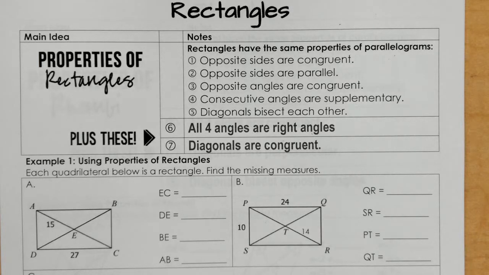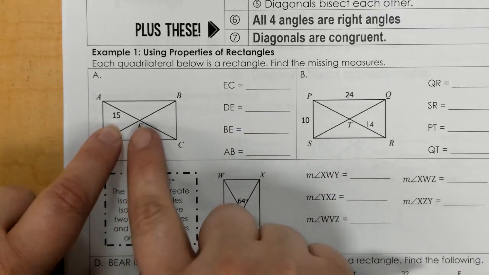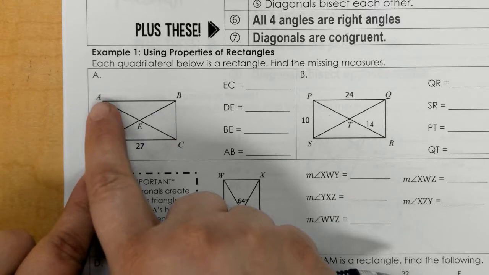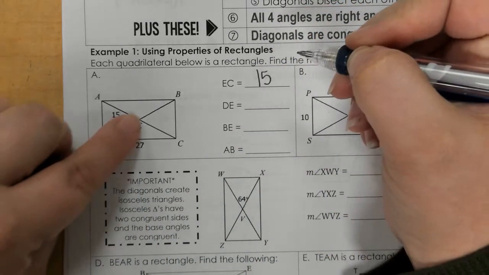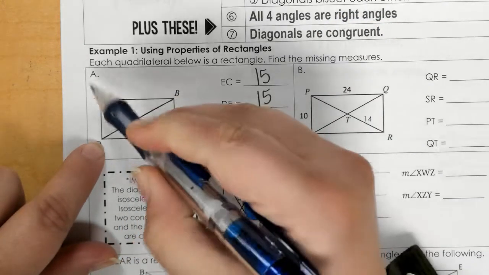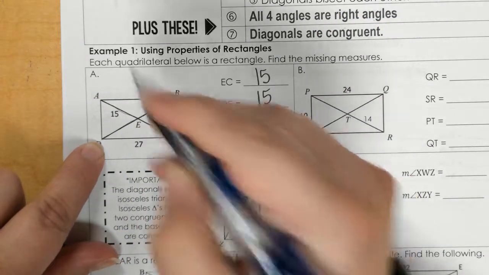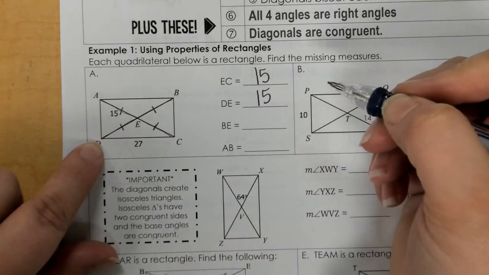Okay. So the first example, A, we're just labeling and identifying what we know. So EC, that's the same as AE, which is 15. DE, again, is also 15, because this equals this. So each one of these is congruent.